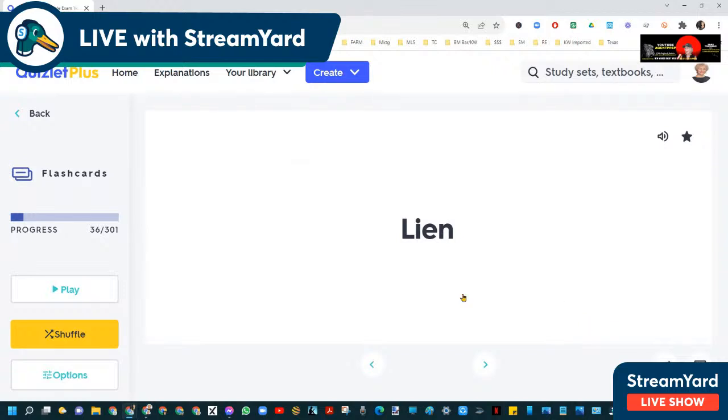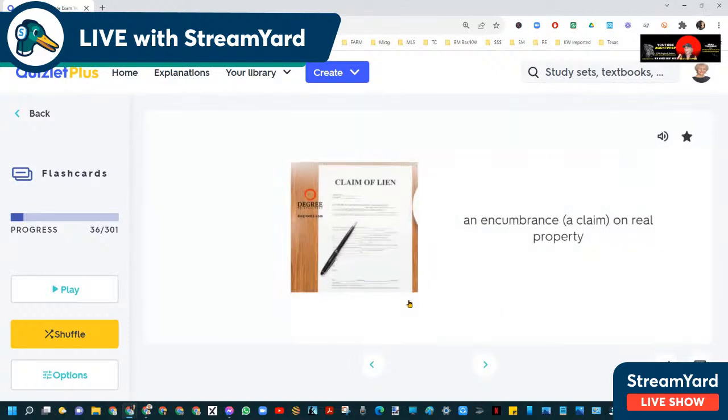A lien. So an encumbrance that's attached to a property, a claim on the property, is a lien.